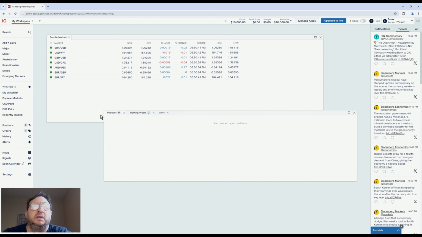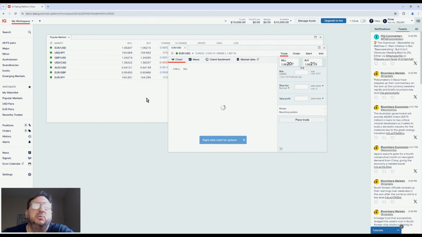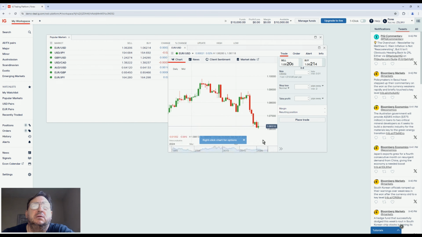You put money and it goes up or down. Normally Forex has leverage, so it's kind of amplified. So you don't buy a lot, you buy very little.